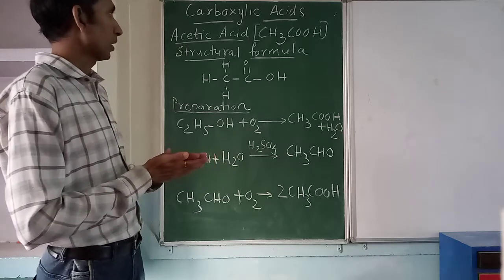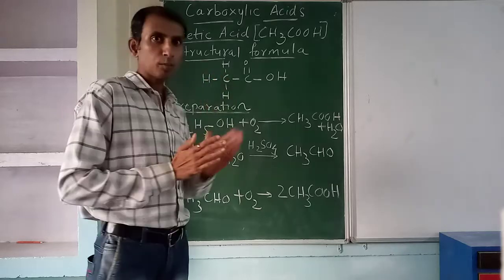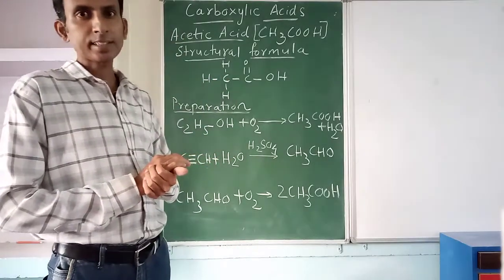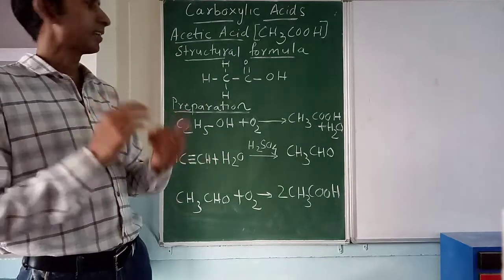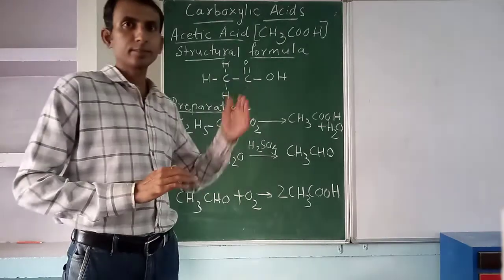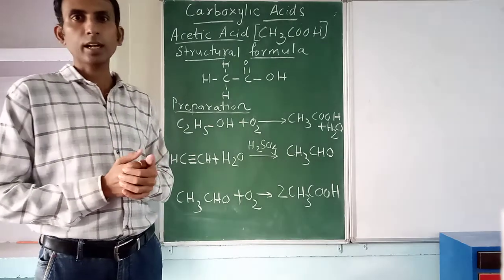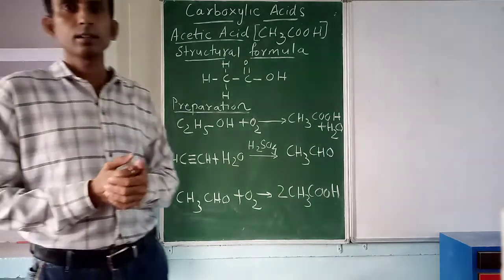So in our syllabus we have to study the structural formula of acetic acid and ethanoic acid. Later we have to study how to prepare acetic acid, and later, uses.